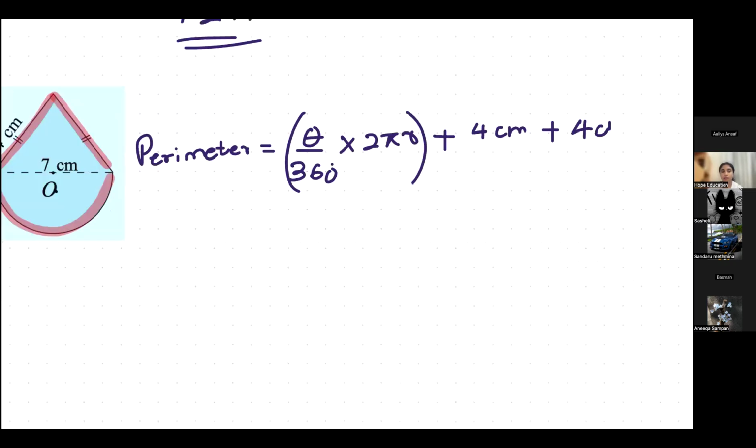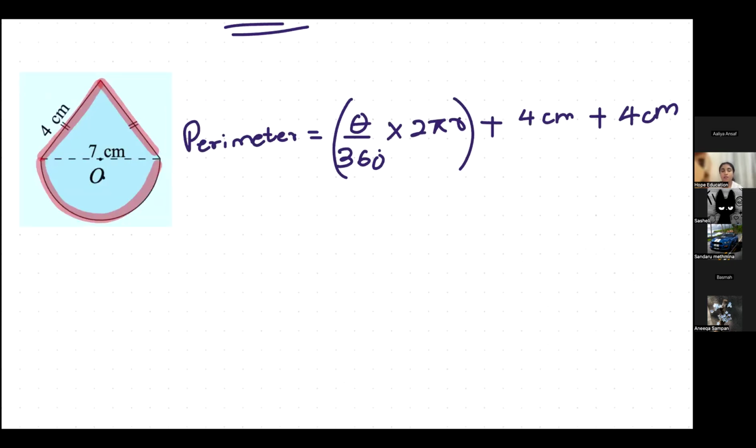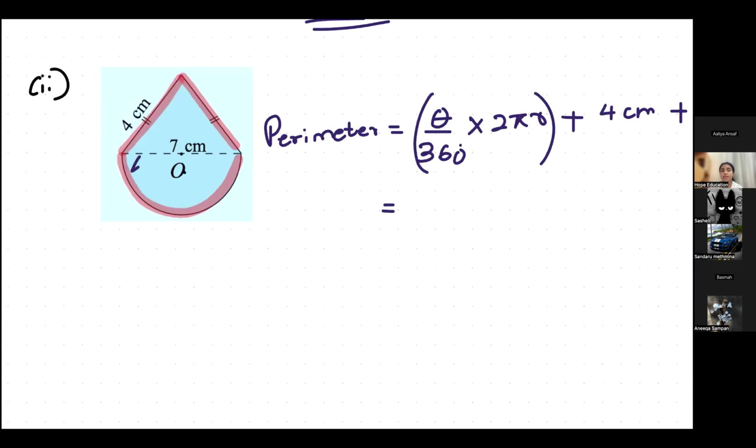Now we will add. So theta. If you take this sector, what is theta? 180. Good, 180, divided by 360, multiplied by 2, multiplied by pi, which is 22/7. What is the radius in this part? 3.5.